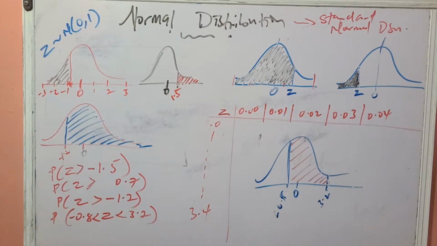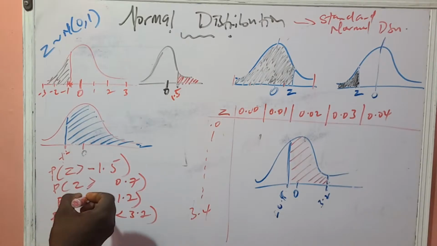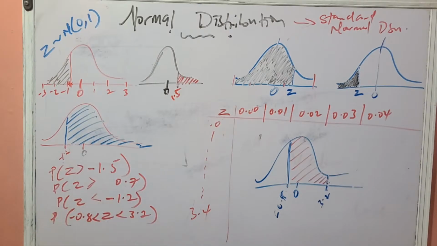Let's assume you're dealing with Z less than minus 0.2. And let's assume you're dealing with Z between minus 3.2 and minus 0.5. So can you guys draw these diagrams?